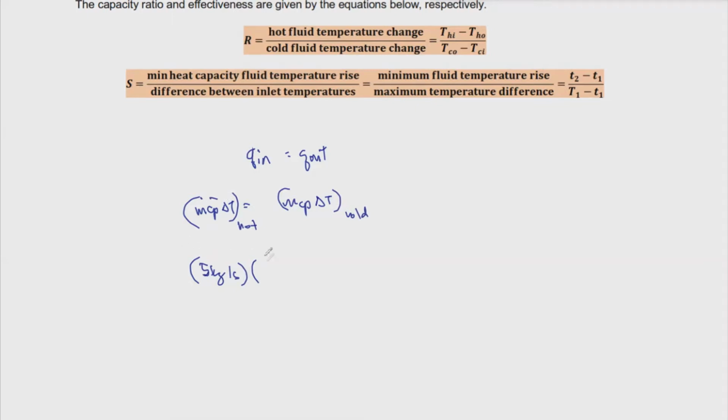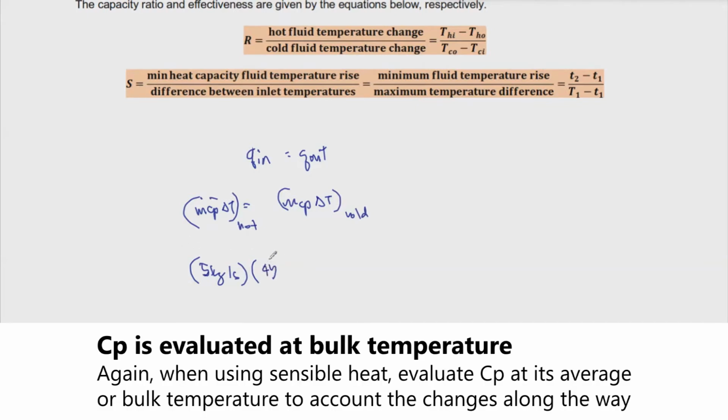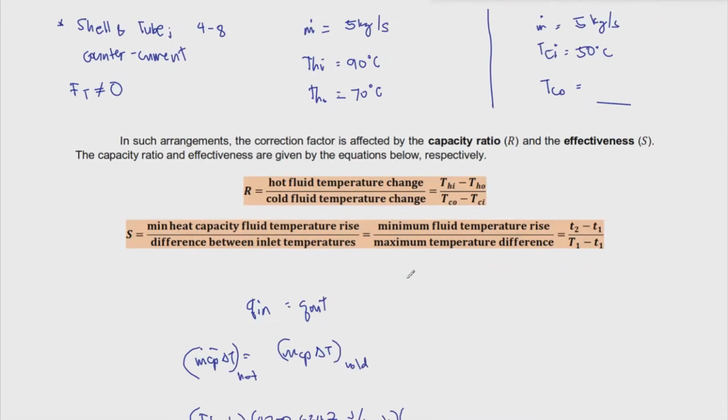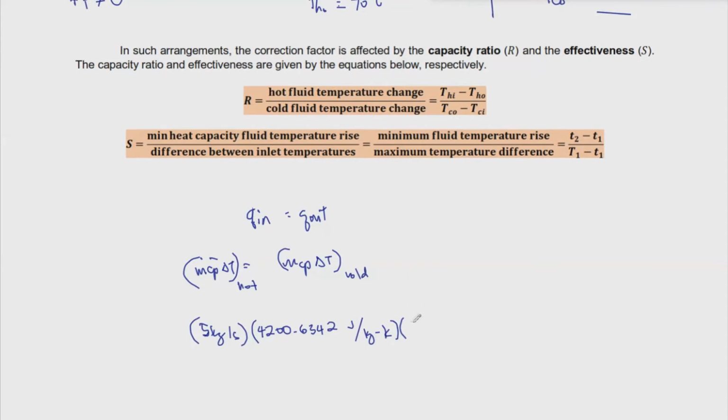So that's 4,200.6342 joule per kilogram Kelvin. And then the change in temperature is actually equal to 90 minus 70. So this is the value of our Q.